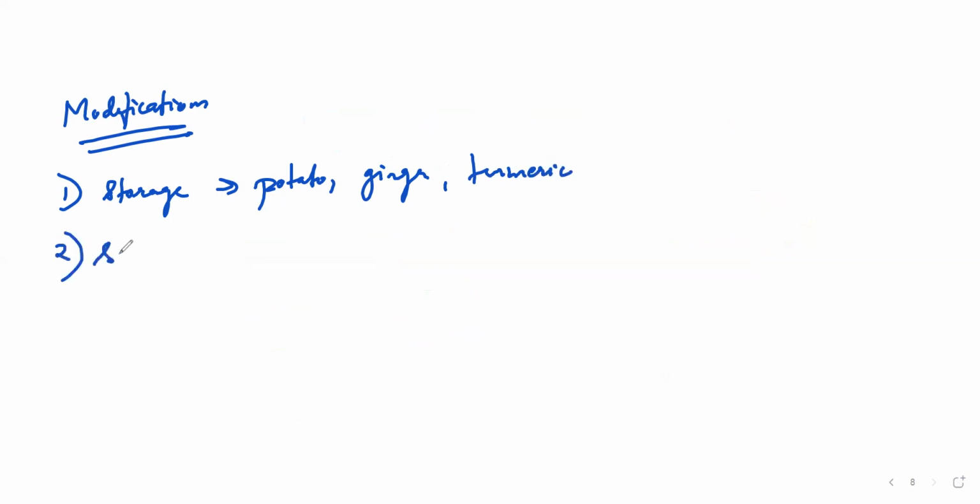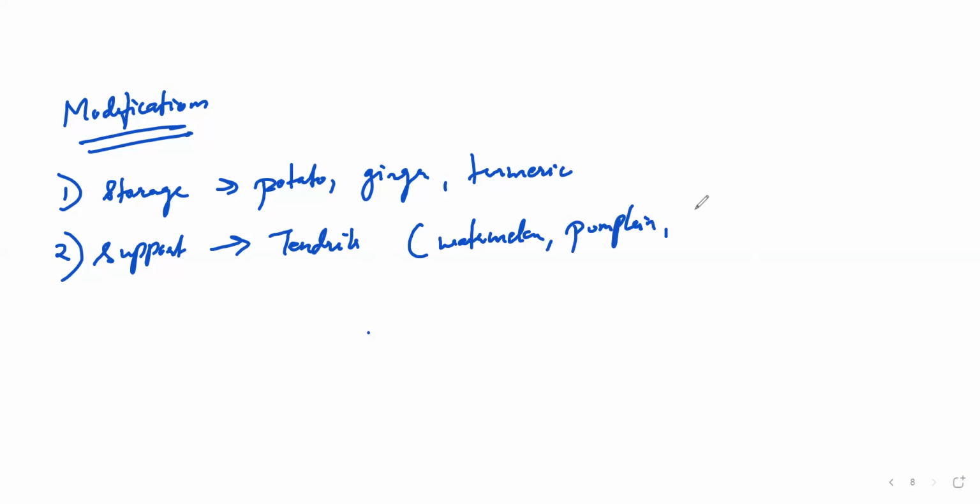Then second one is for the support. In the support, you can take a structure of tendrils, okay, which is found in watermelon, then pumpkin, cucumber. Then comes the third one, which is protection.